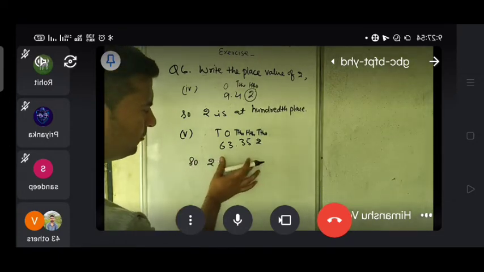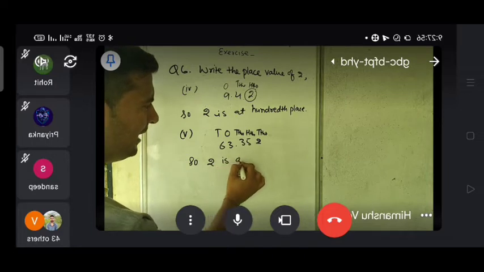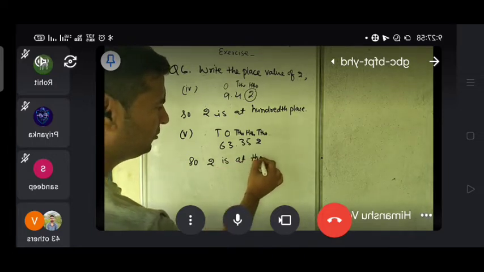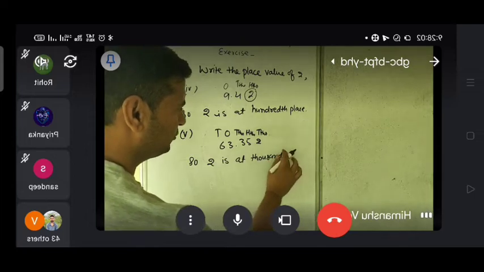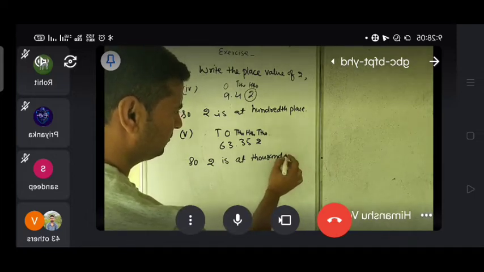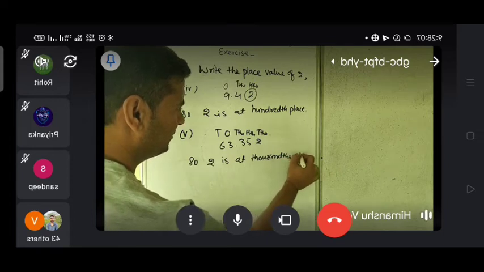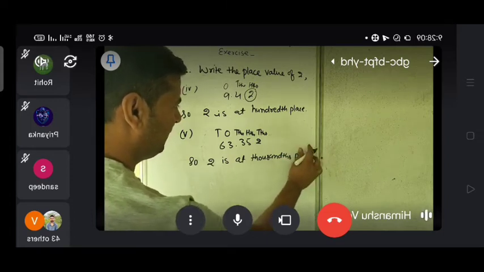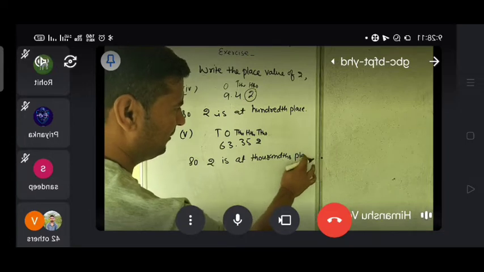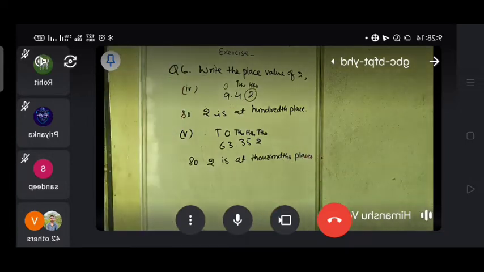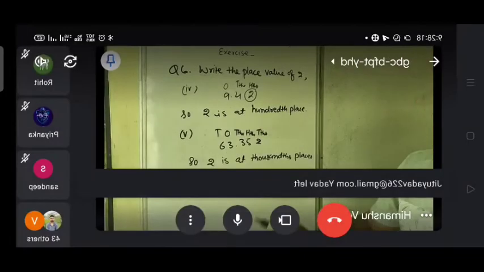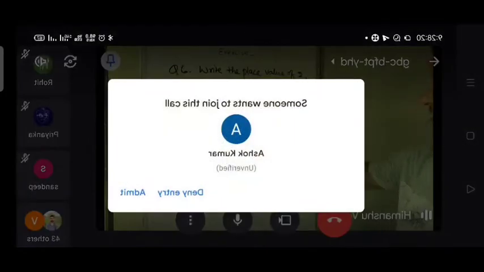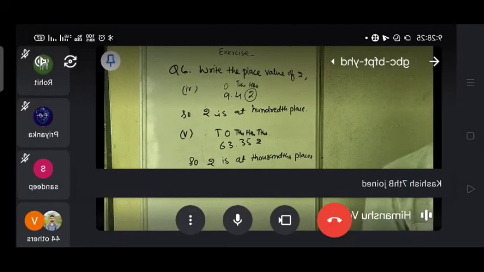So 2 is at thousandth place. So finding the place value is a very easy task. Okay beta, how will we find the place value? To find the appropriate place value, mention their places, whether they are at ones place, tens place, and so on.